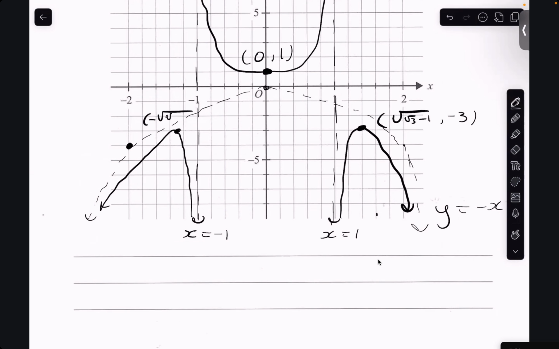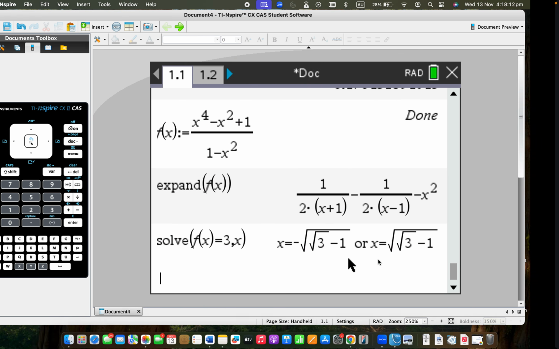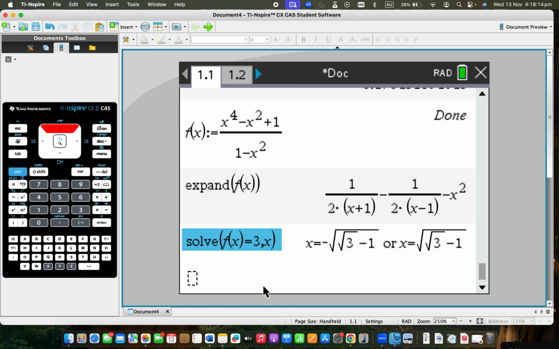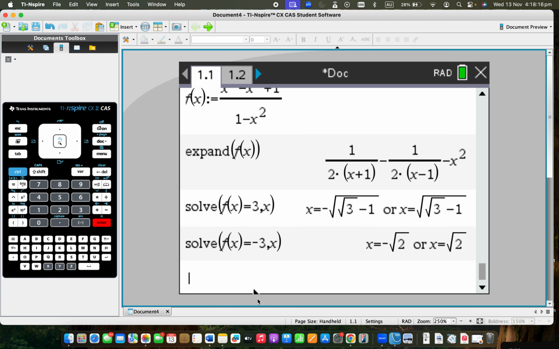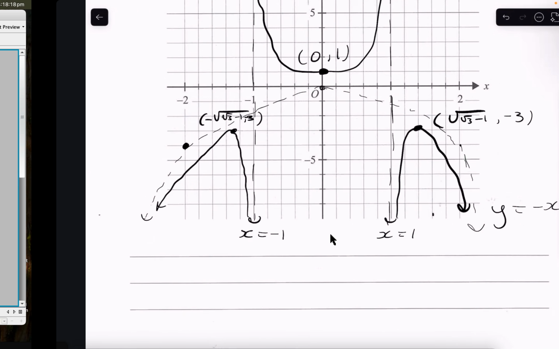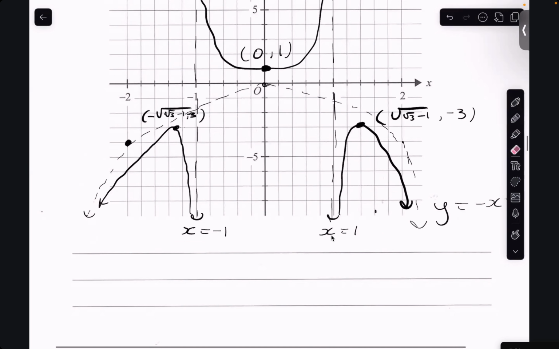Negative root 3 minus 1, -3. Oops, I think I solved the wrong value. Oh, it's just -√2 and +√2. Okay.